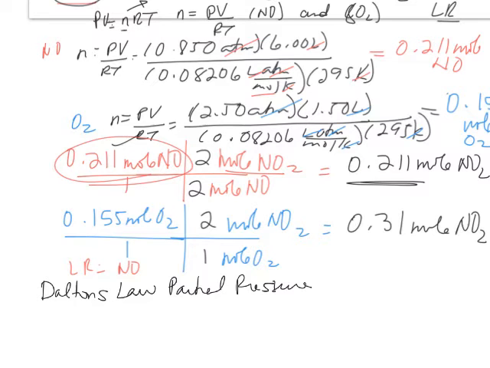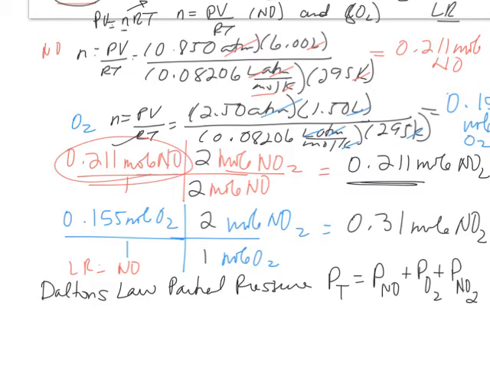Because ideal gases are considered independent and don't interact and bump into each other kinetically, the total pressure can be the sum of all your individual partial pressures. So the total pressure is going to be the pressure of NO plus the pressure of oxygen plus the pressure of your product NO2.